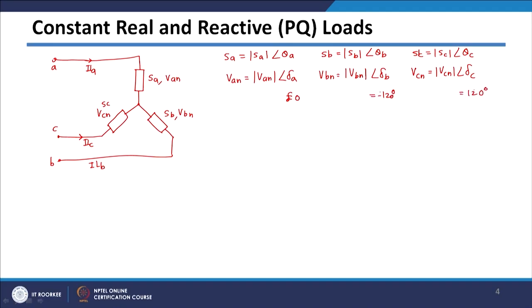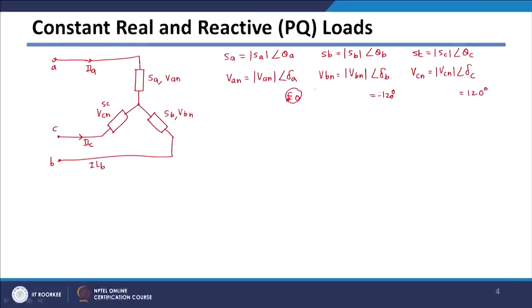However, as I told you, all these loads as well as voltages may become unbalanced in a distribution system. In that case, delta A, delta B and delta C may not be 120 degrees phase shifted, and the magnitudes will not be the same either. So we have to represent them by different angles and magnitudes, and then we can easily calculate.